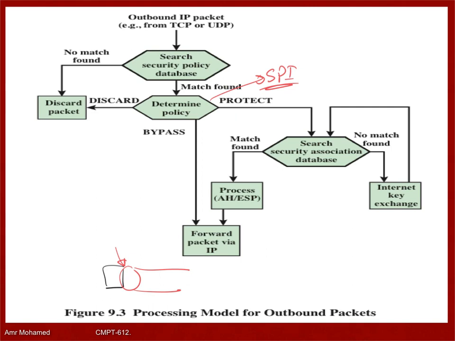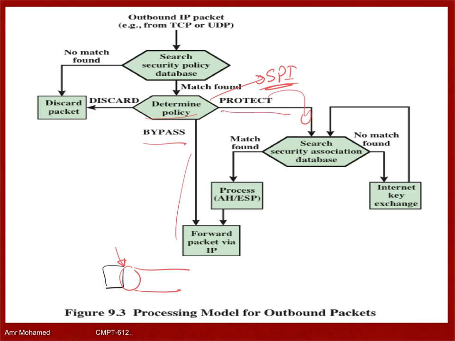This SPI is the primary key, and it points to a particular field in the security association database. So we have to take that to the security association database. If the policy is to bypass, then we send it over the internet, which means that we are not expecting to have an ESP or AH header. So we just bypass and send it over.